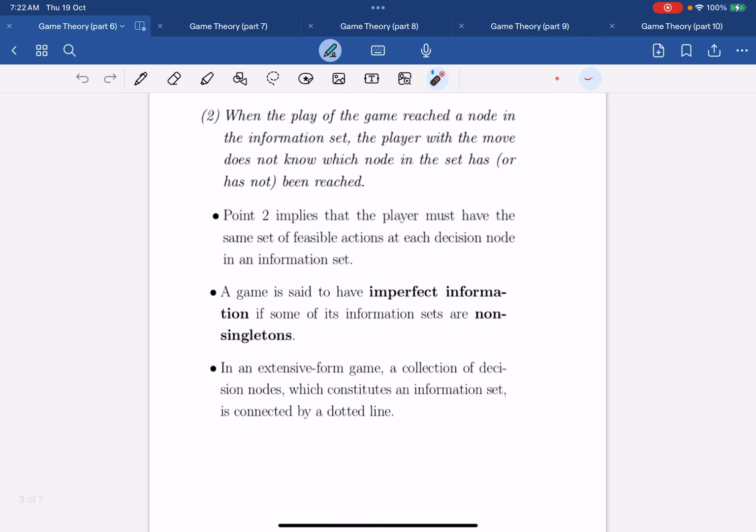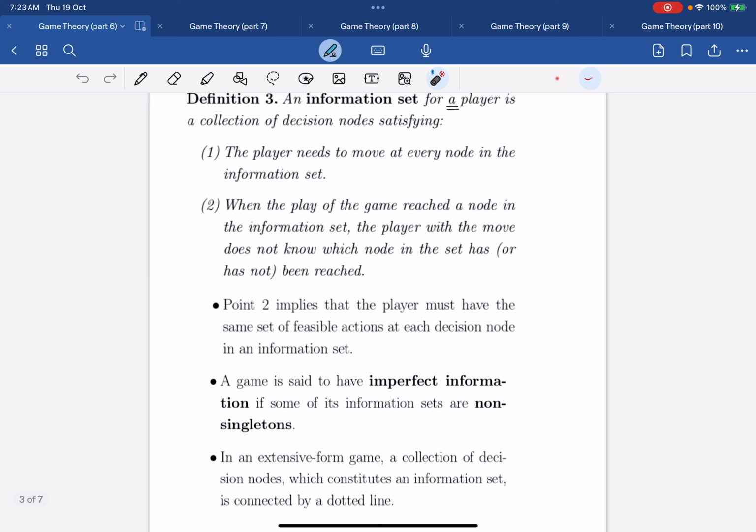Point 2 implies that the player must have the same set of feasible actions at each decision node in the information set. And the game is said to be of imperfect information if some of its information sets are non-singletons. So if the player has 2 decision nodes in an information set, then this is a non-singleton information set, and because it has 2 decision nodes, it means that there is imperfect information.